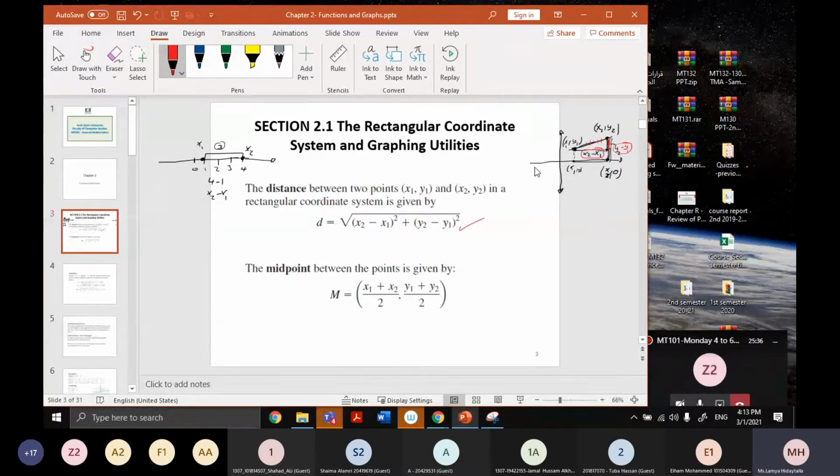So from now on, if we have any 2 points, this one and this one, or this one and this one, whatever, any 2 points in a plane, we can represent them by the x coordinate and the y coordinate. If I have 2 points and I want the distance between them, we will use this formula to find it. Okay.